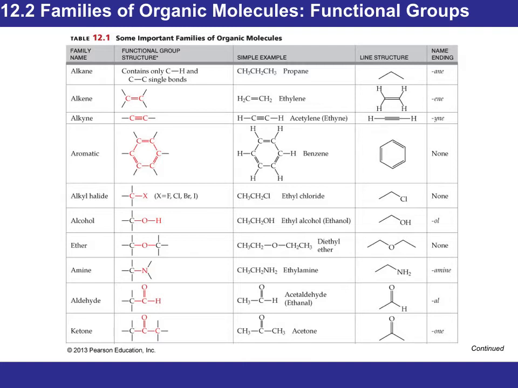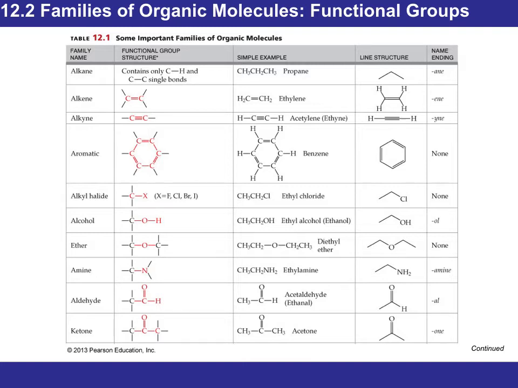The first one here, when you only have single bonds, that's the name ending ANE, and the functional group name, family name, is called alkane. Alkene have double bond, alkyne triple bond, aromatic make circle, alkyl halide, we'll talk about this.